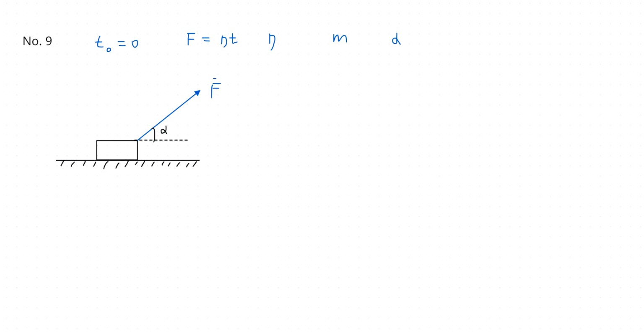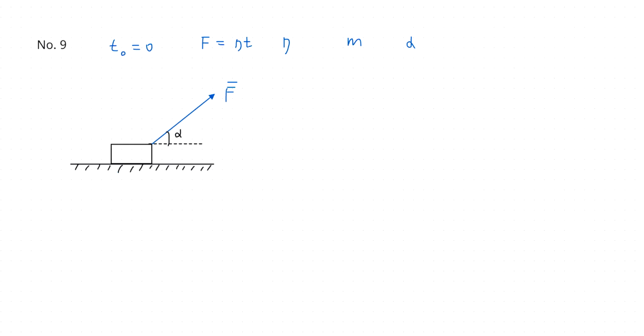So we have such a system, and in the first part of our exercise, it is necessary to find the velocity of the body at the moment in time when it comes off the surface. Okay, maybe you have some ideas.